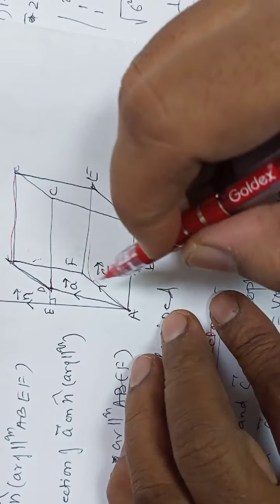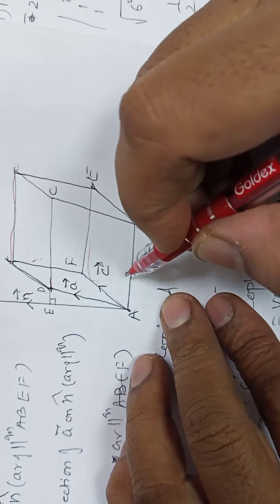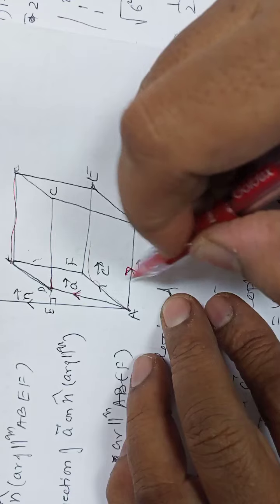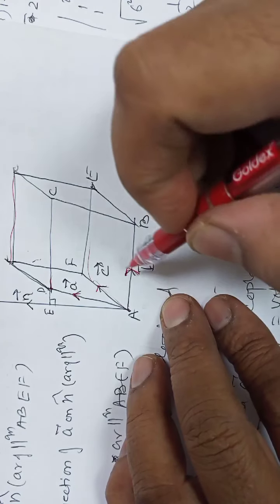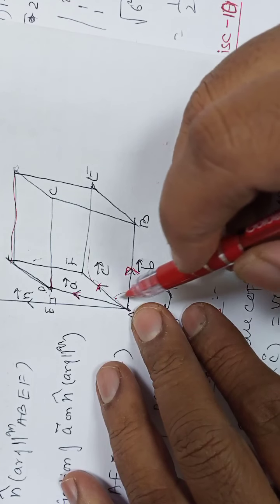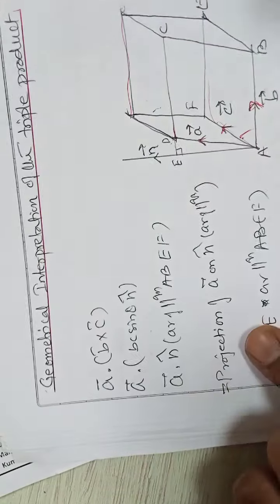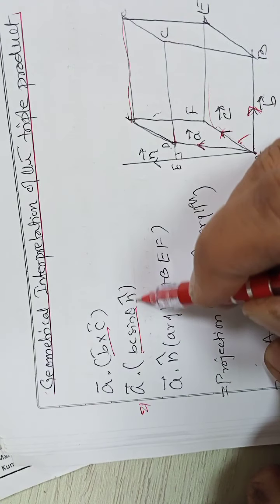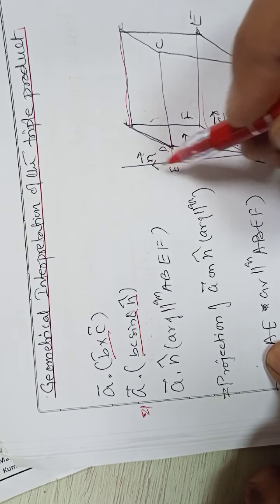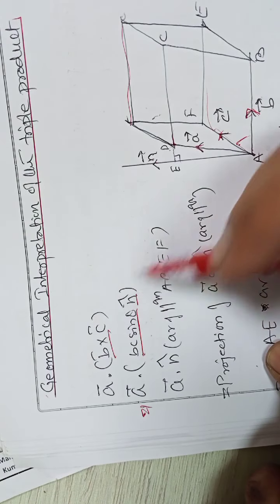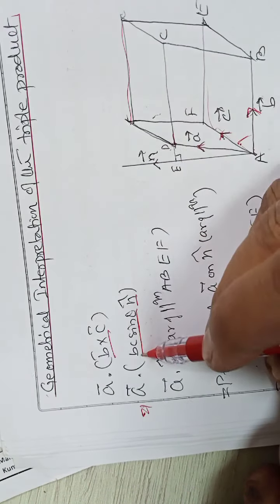Now, let the three sides of the parallelepiped be represented by the vectors A, B and C. Then what is B cross C? B cross C is BC sin theta along a vector perpendicular to this. What is BC sin theta?